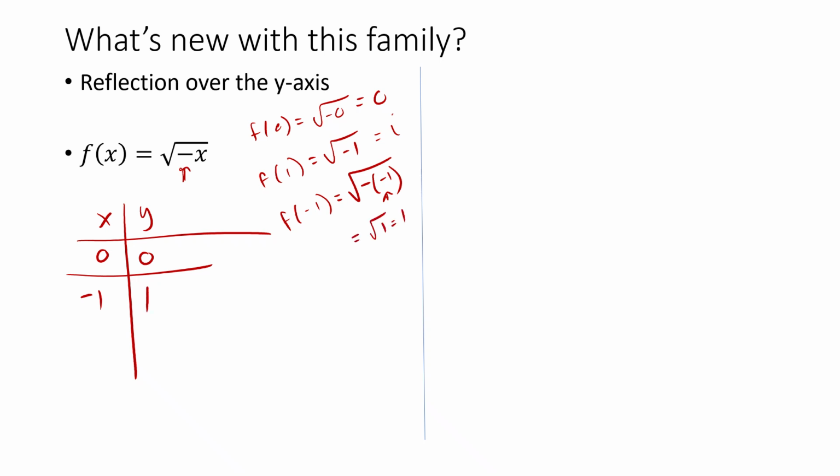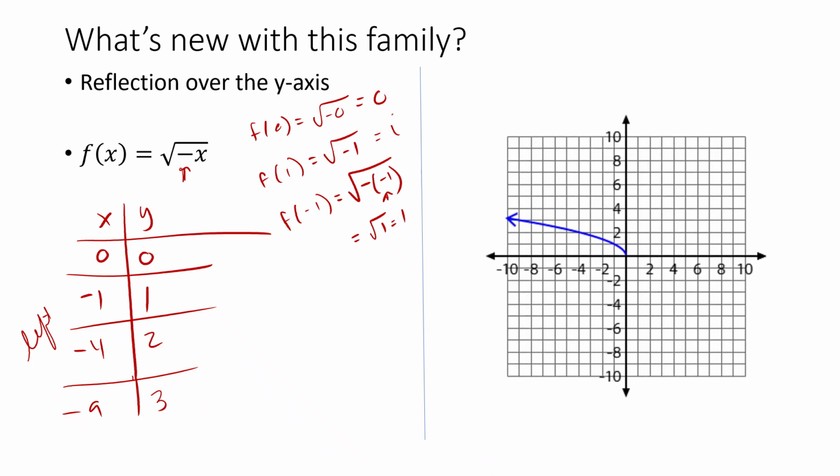And so what is happening here, so we could do this with negative 4, and then again with negative 9, and so forth, is we have sent all of our x coordinates over to the left instead of the right. So let's take a look at the graph. All right, there it is. So now we still have the (0, 0), but now to get that 1, I'm over at x is negative 1.